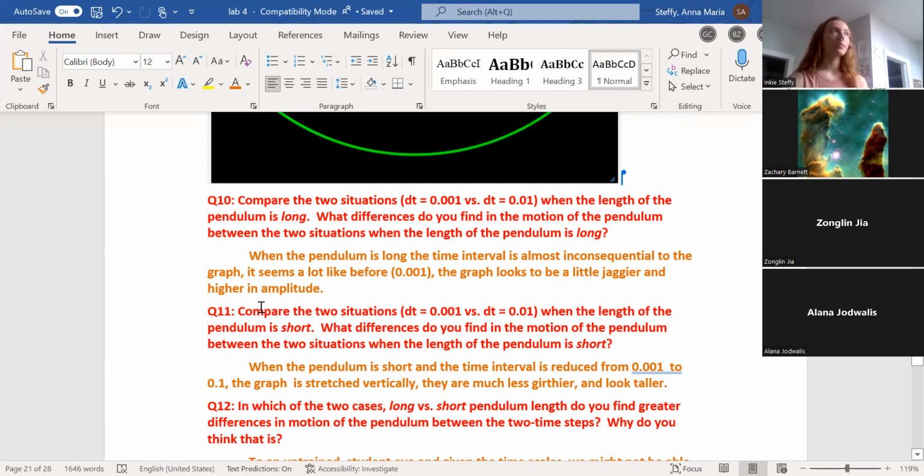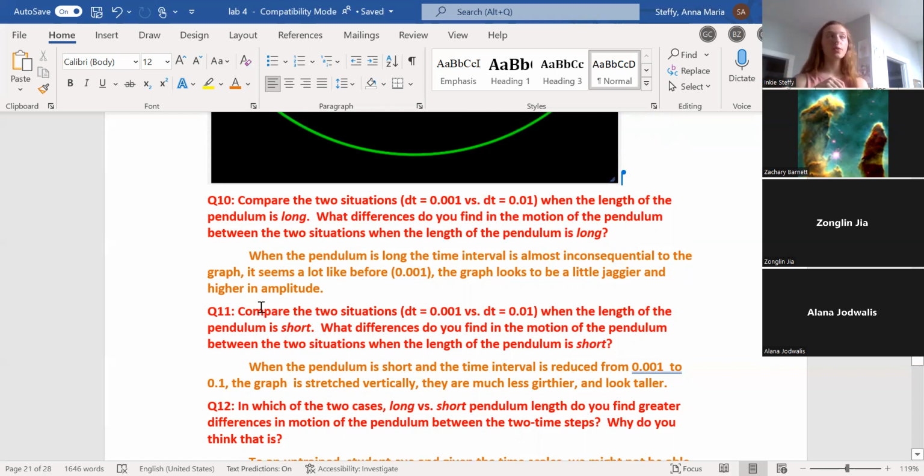Yeah, I agree. Something I thought about too was that because a shorter pendulum has a shorter period, there isn't as much time to make measurements in these time steps. And so it might look more drastic than it really is.